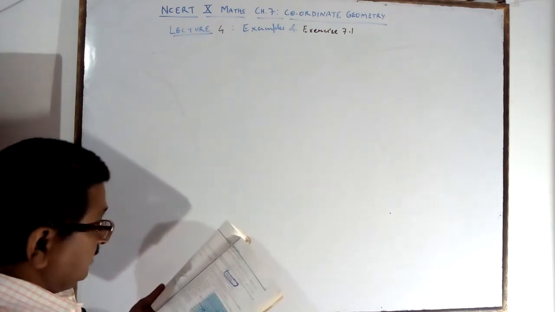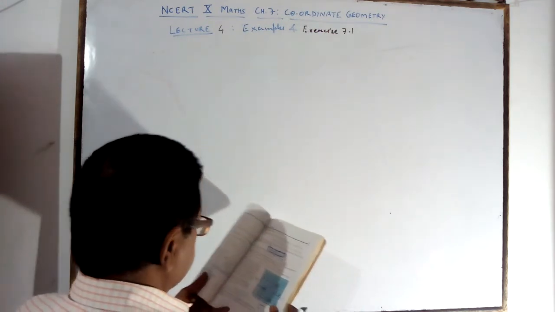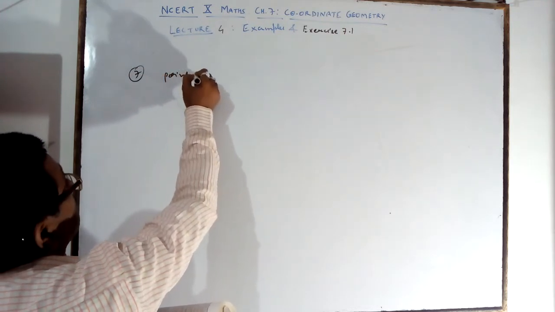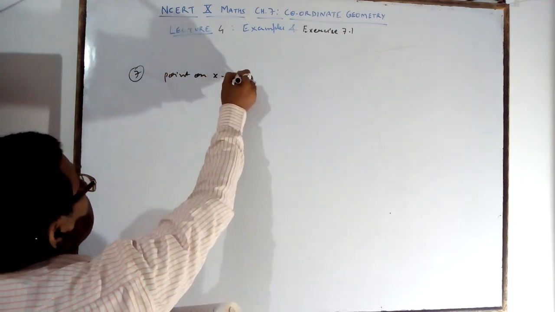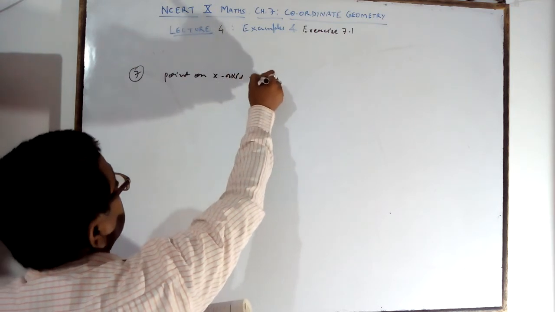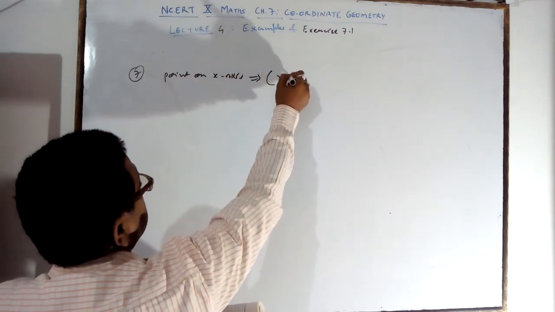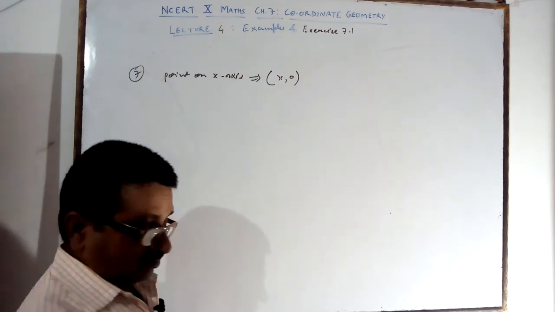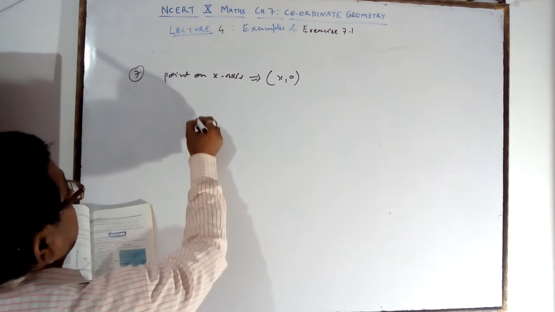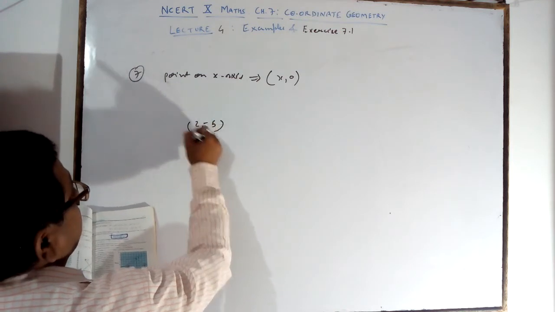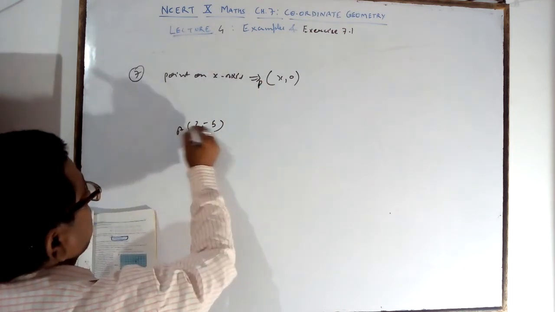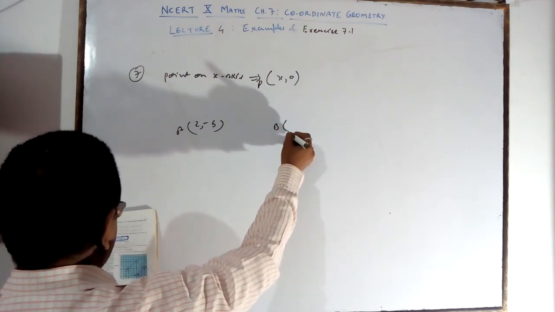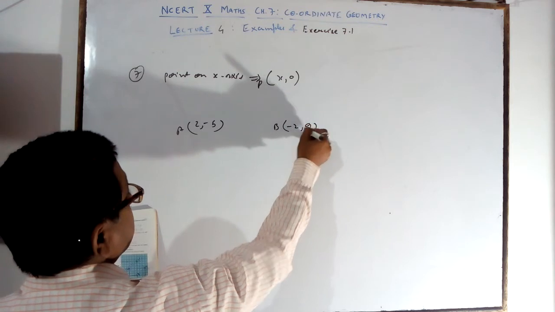In the question, find the point on the x-axis. Point on the x-axis means the coordinate will be x comma 0. On the x-axis, y will be 0, which is equidistant from 2 comma minus 5 and minus 2 comma 9.